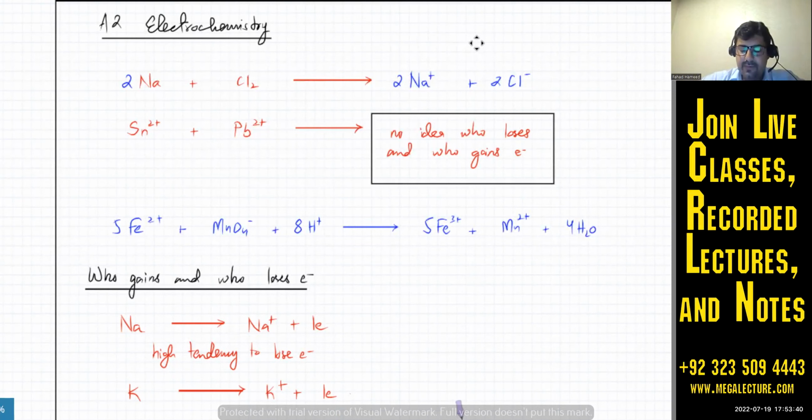So there are lots of compounds for which we have no idea what they're going to do. In that case, you need a quantitative value which can tell you what that substance likes to do and how much it wants to do that. If sodium wants to lose electrons, then exactly how much does it want to lose electrons? Does it want to lose electrons more than potassium or less than potassium? You need a value for that.